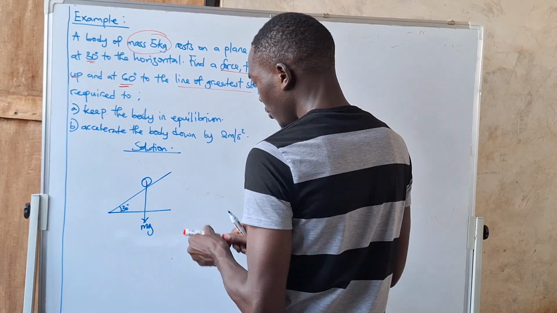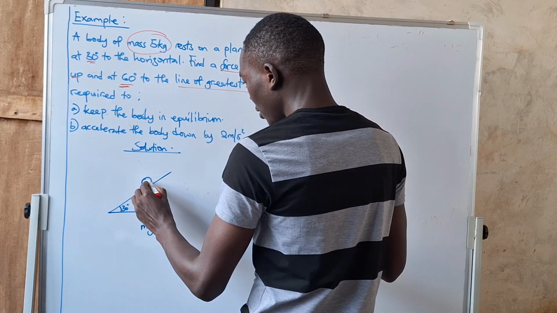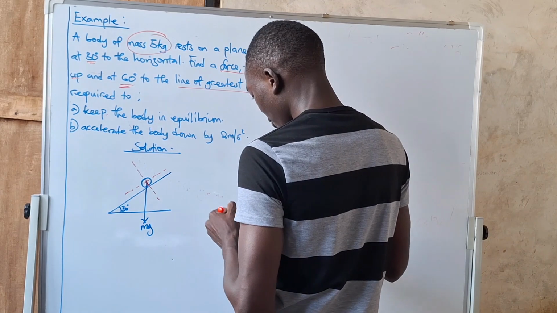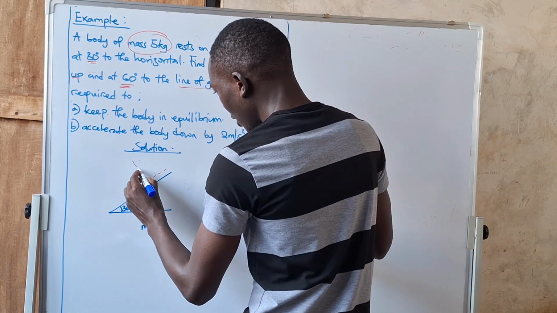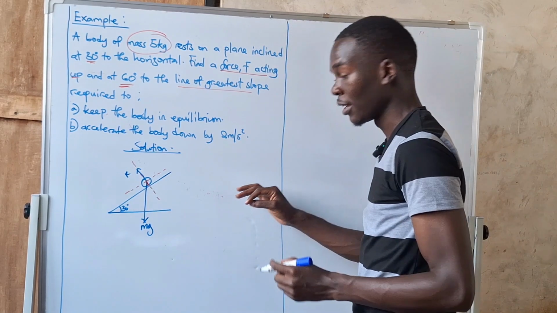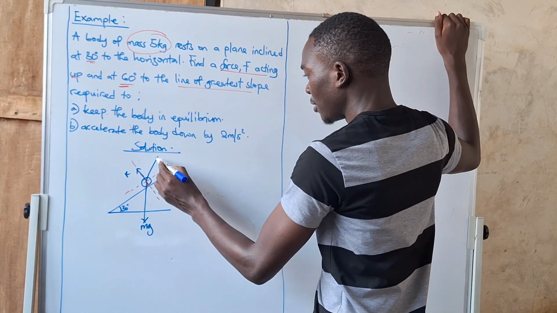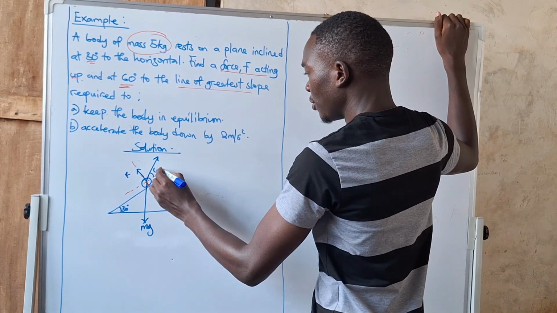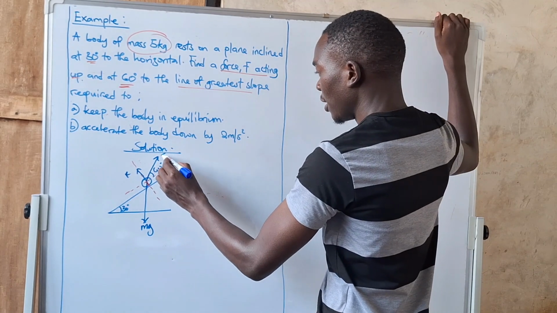And then do not forget to remember that we have our axis there, so that your reaction acts here. That is your reaction. And then we have a force acting up and at 60 degrees. So you have 60 degrees to the line of greatest slope. So that's what they mean. The force is F.